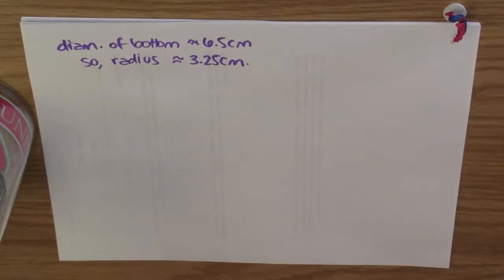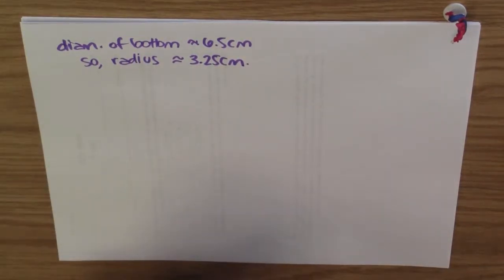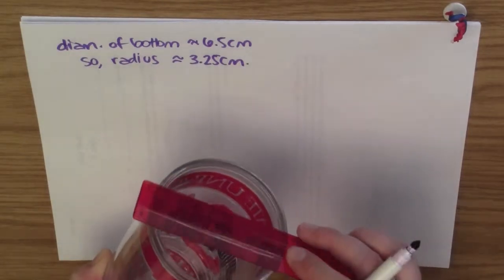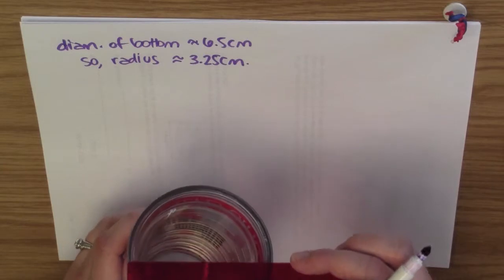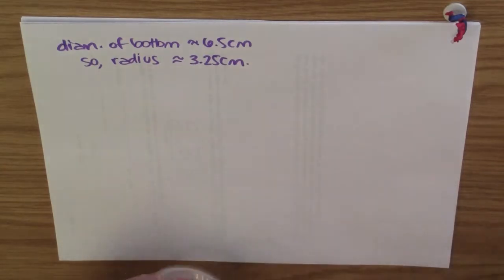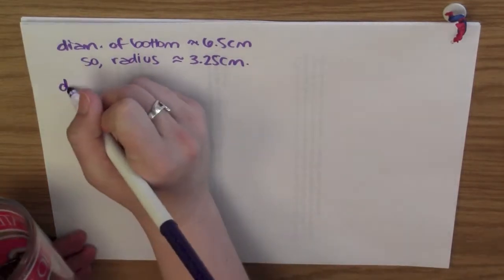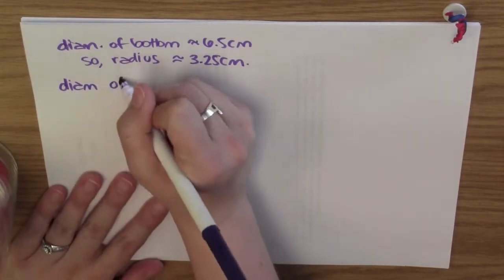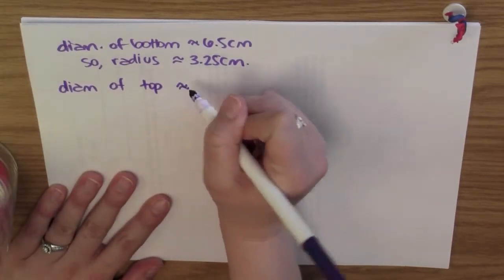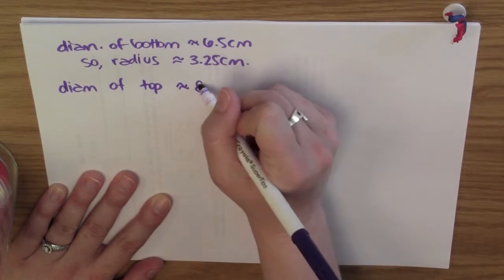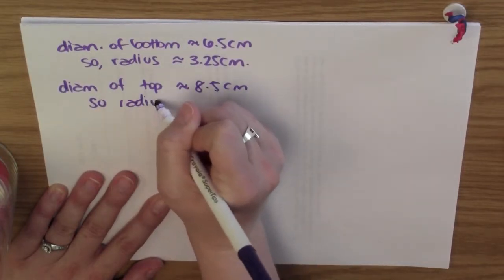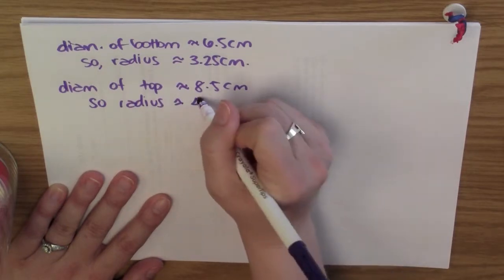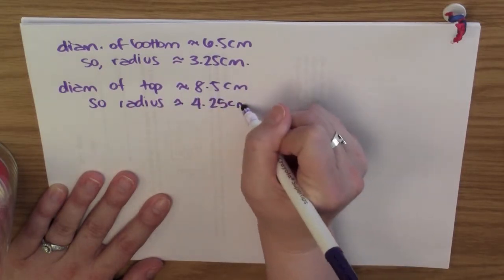Next, I measure the diameter of the top of the cup, which is approximately 8.5 centimeters, so its radius is around 4.25 centimeters.